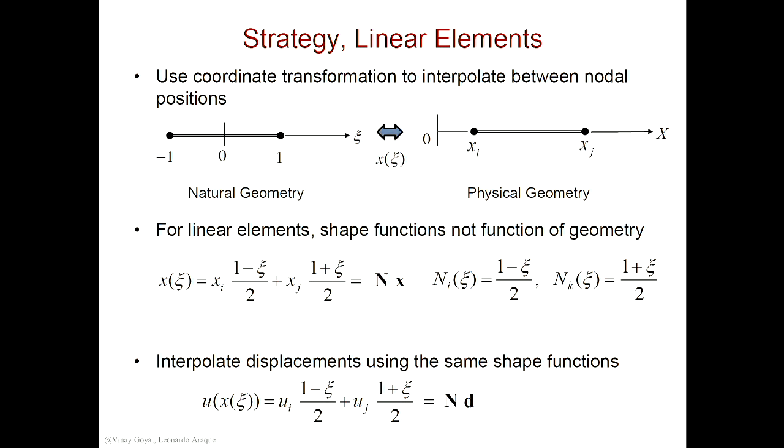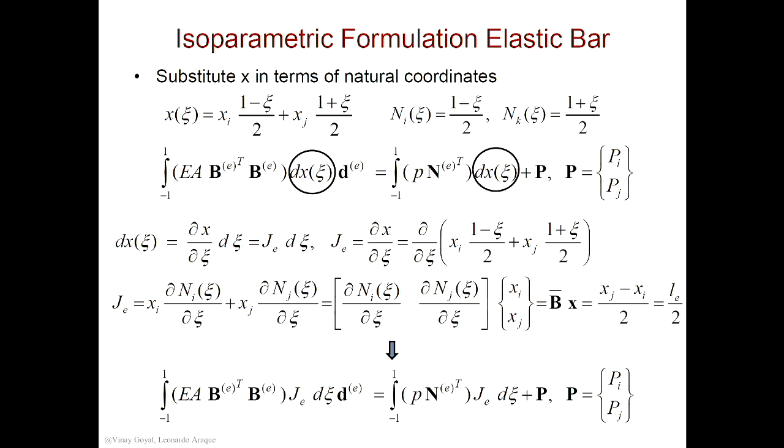So I basically have L over 2 for j. So all these calculations give me j equals L divided by 2. Okay, so now I have this dx turning into j dc.